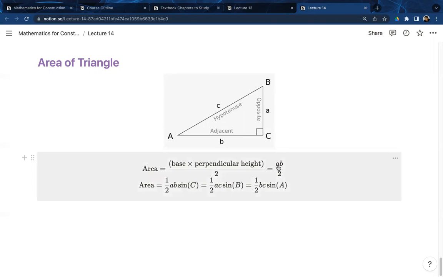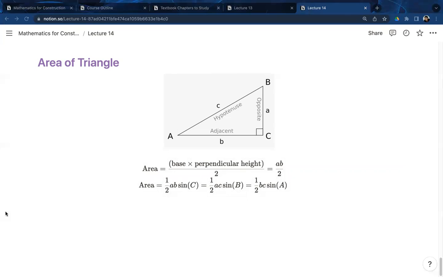So A, common A, is really B sine C, or in this case, C sine A. So all these formulas here are basically equivalent. You use any one based on what you have, right?